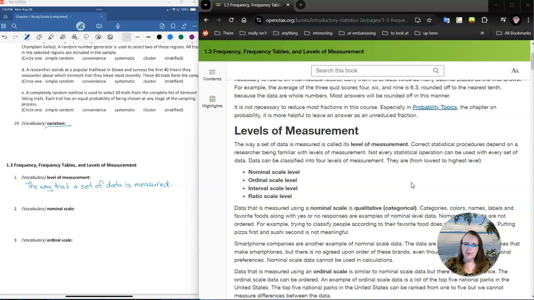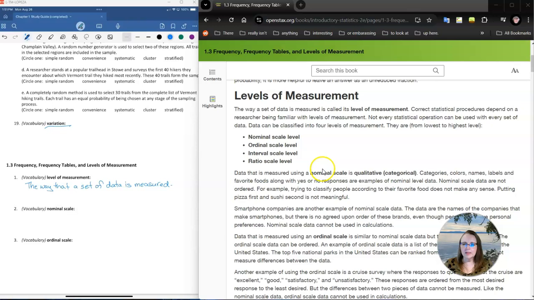And so we've got a nominal scale, we have an ordinal scale, we have an interval scale, and we have a ratio scale. So data that is measured using a nominal scale is qualitative data. And the trick in remembering that this goes with, used to measure qualitative data.